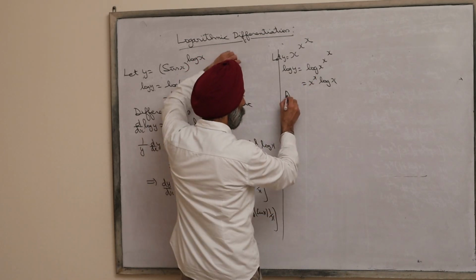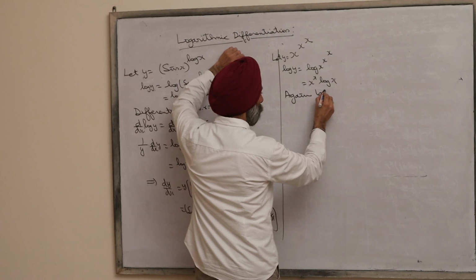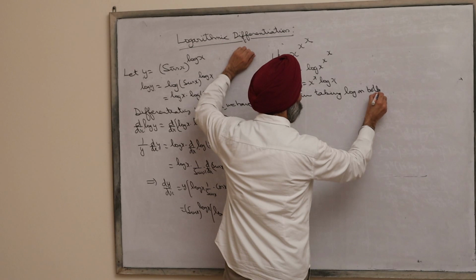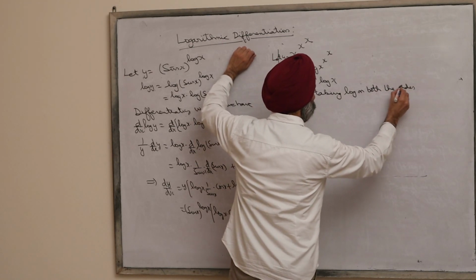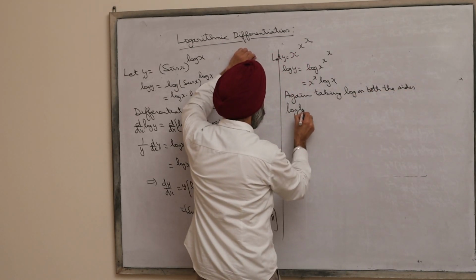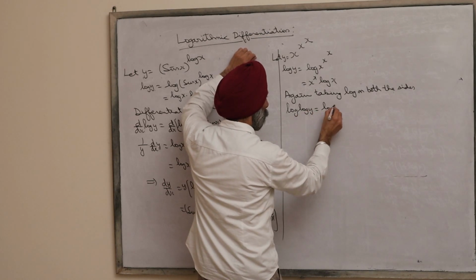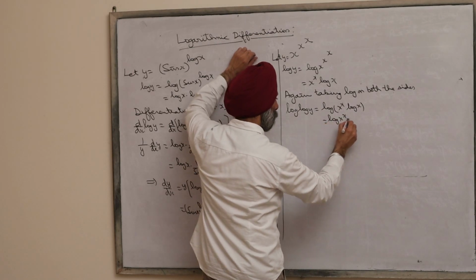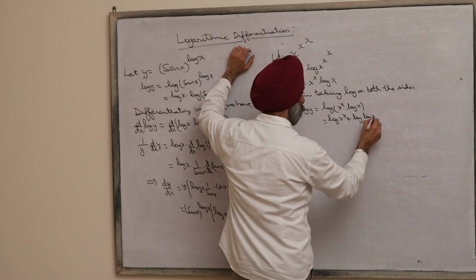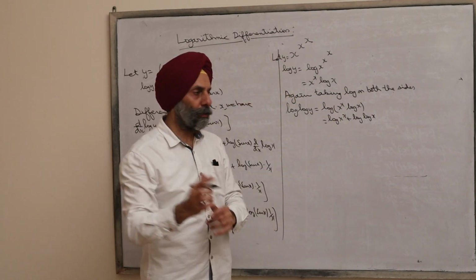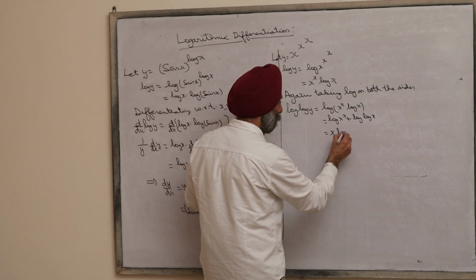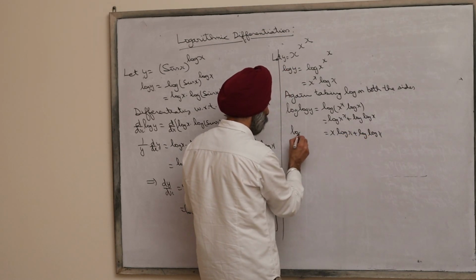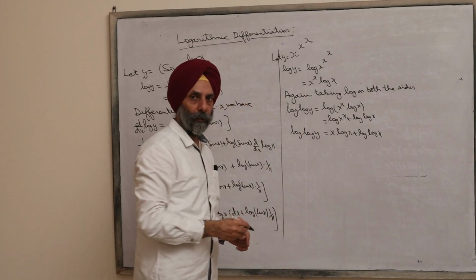That means again taking log on both the sides. So we have log of y is equal to log of x raised to power x into log of x. What is that? It is log of x raised to power x plus log of log x. Log mn is log m plus log n. So this is equal to x log x plus log of log x. What is that? It is log of log y.